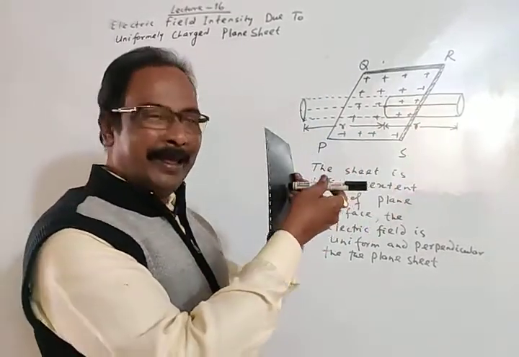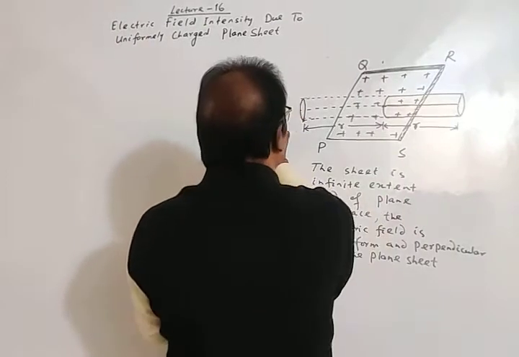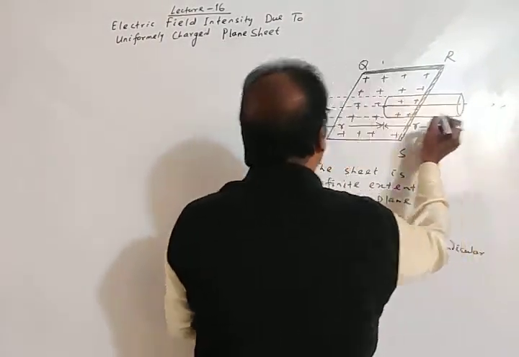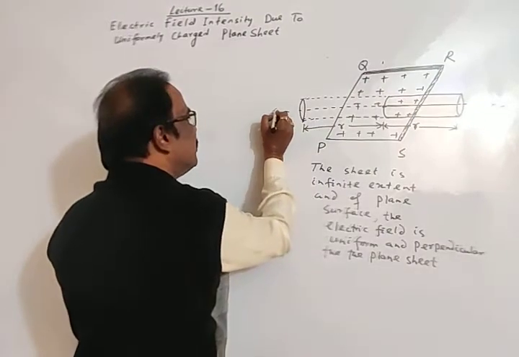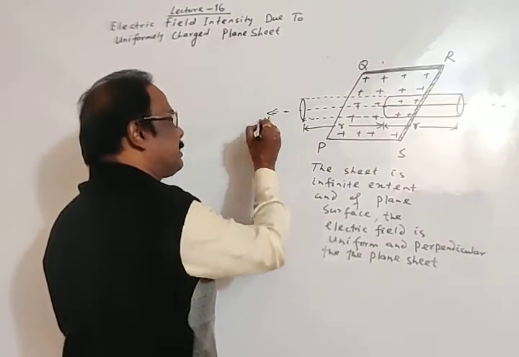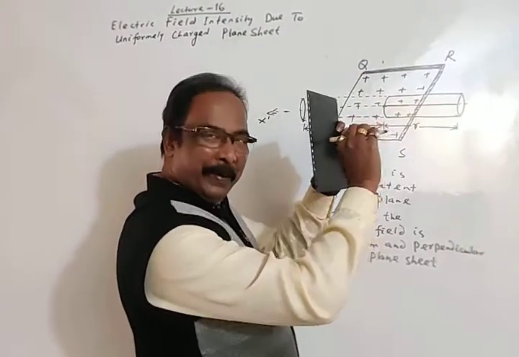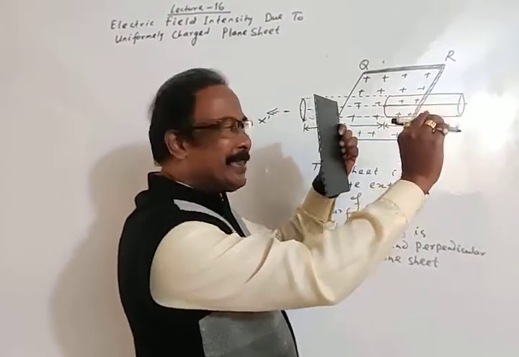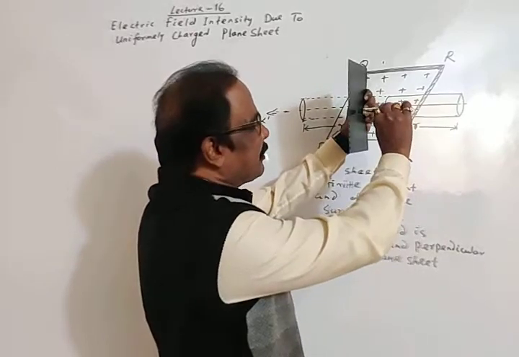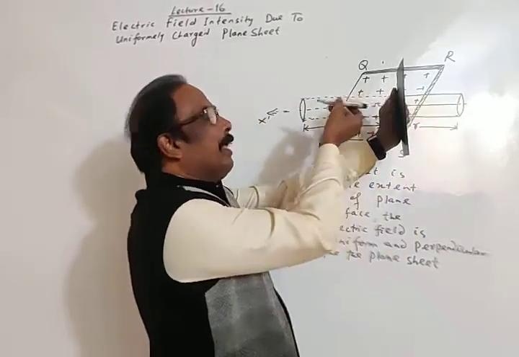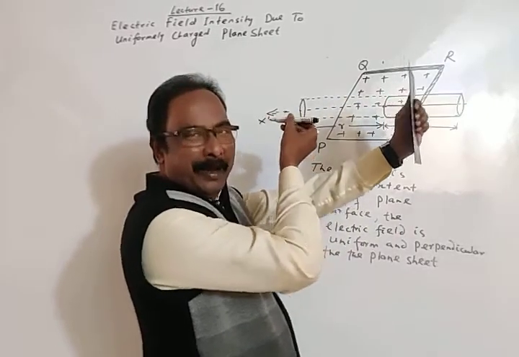Let's consider this is the x-axis, this is the positive direction and this is the negative direction, x-axis dash. Then the electric field will be uniform and perpendicular to the surface, along positive x-axis direction here and along negative x-axis direction here.